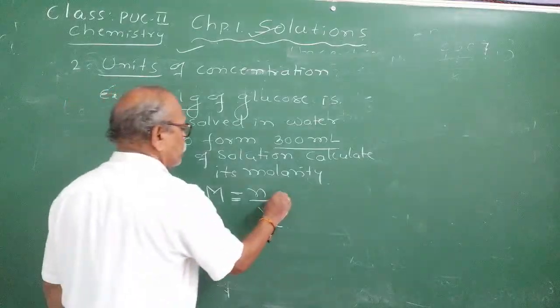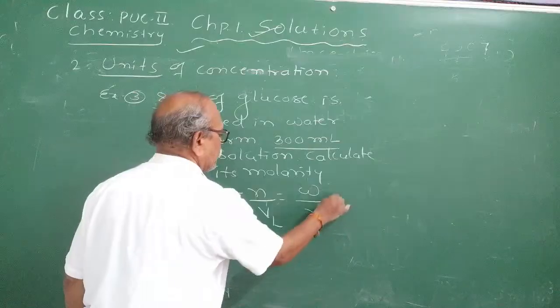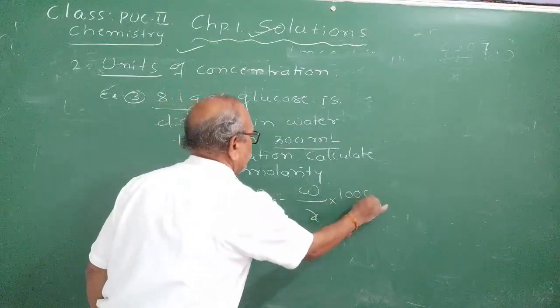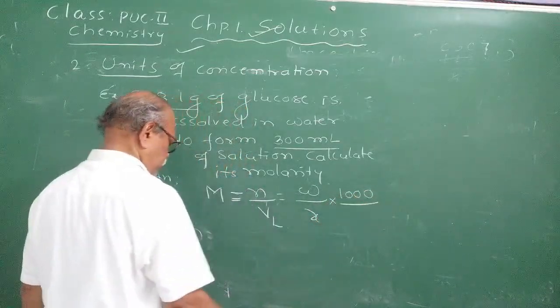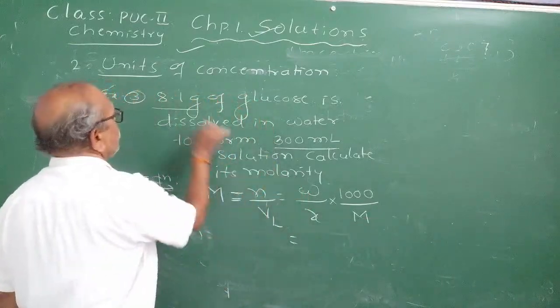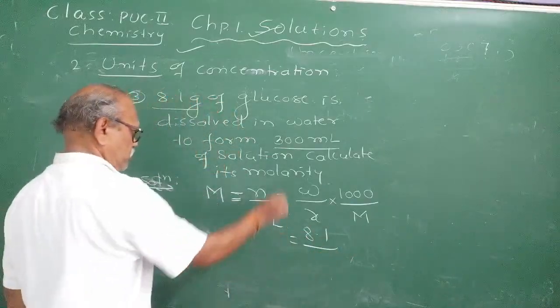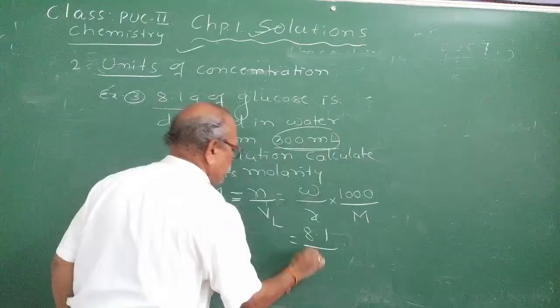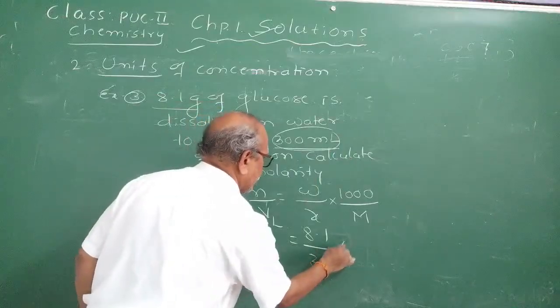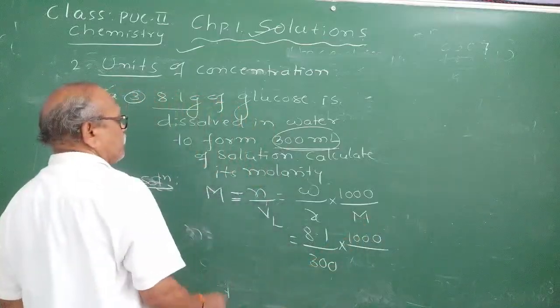And I have given you a shortcut also, that is W divided by M into 1000 divided by volume. What is the mass given here? 8.1 gram. What is the volume? 300 cc into 1000 divided by the molecular weight of glucose.